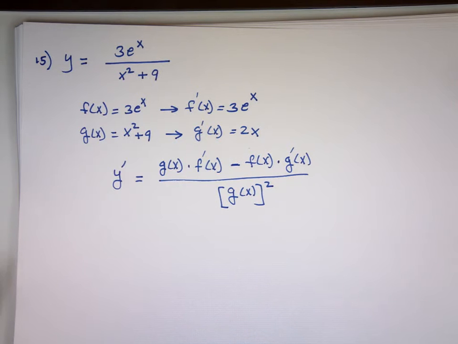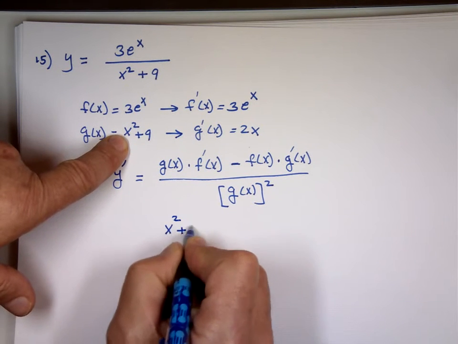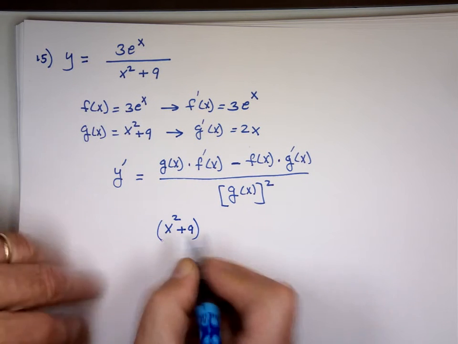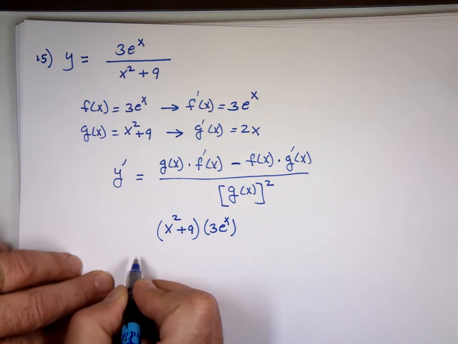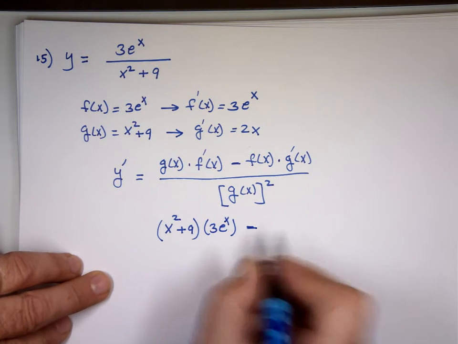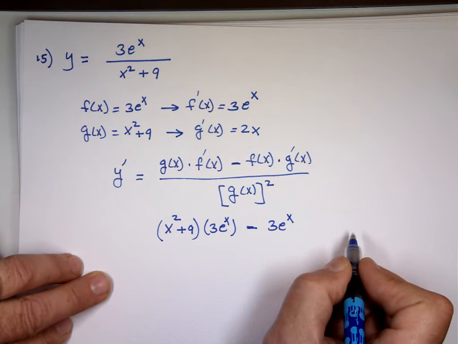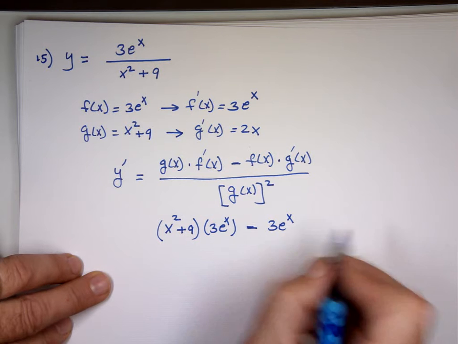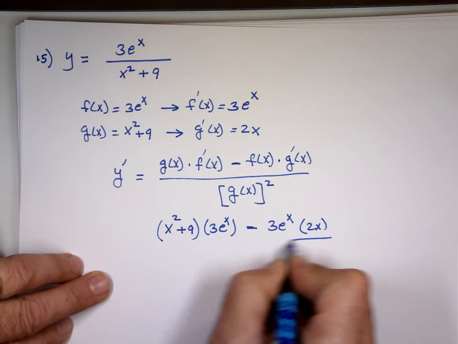What's g of x? X squared plus 9. What is f prime? 3e to the x. Minus. What is f of x? 3e to the x. What's the derivative of g there? That's 2x. All divided by what?